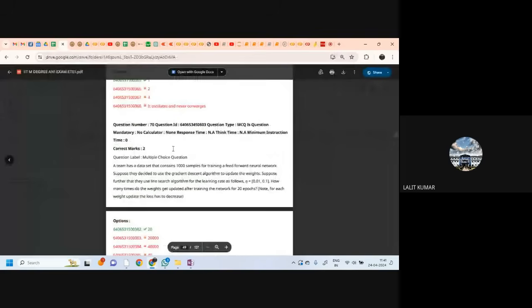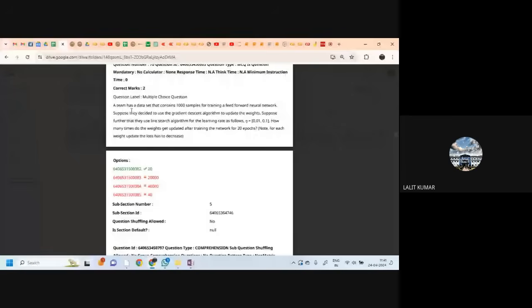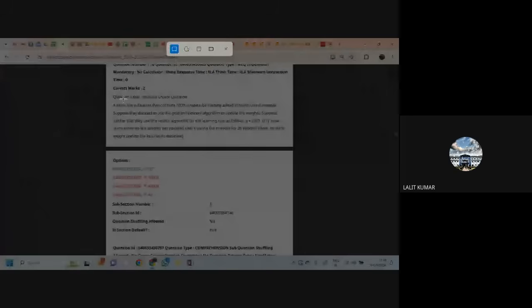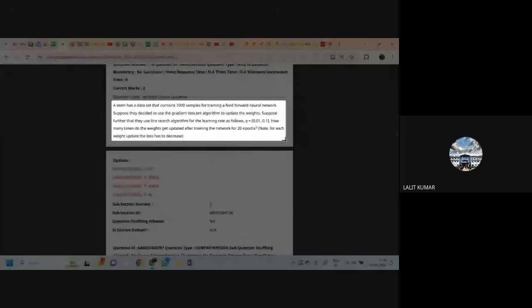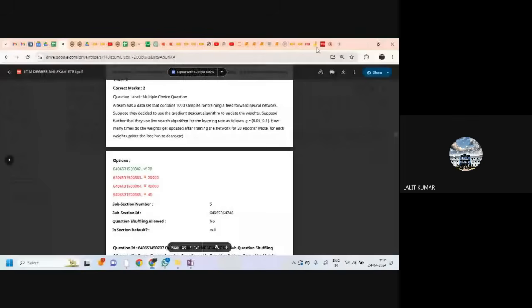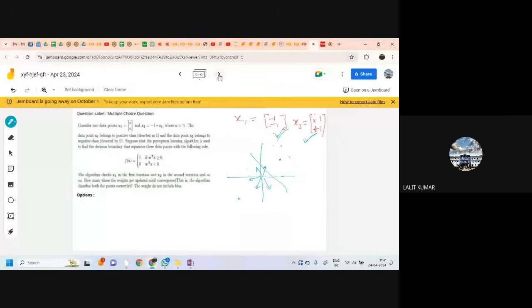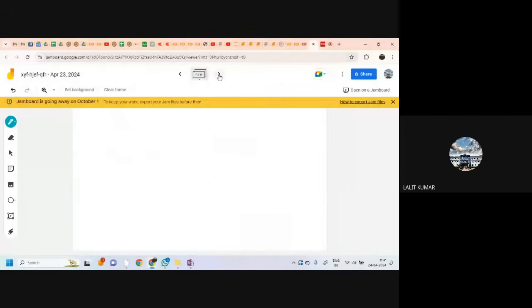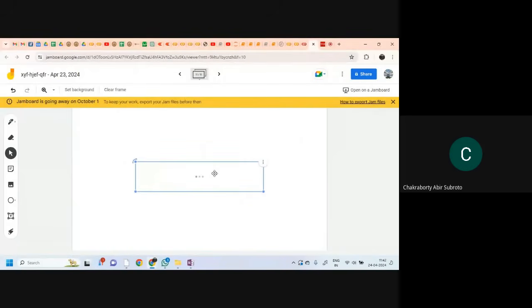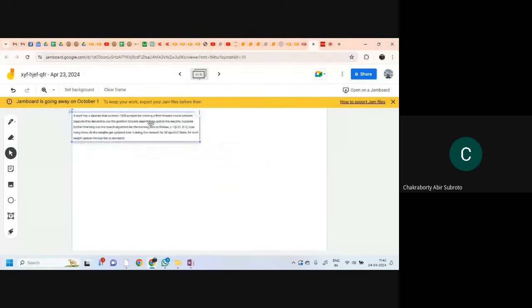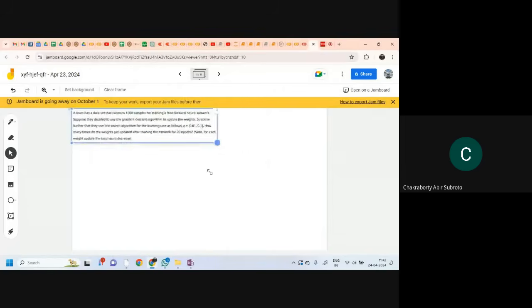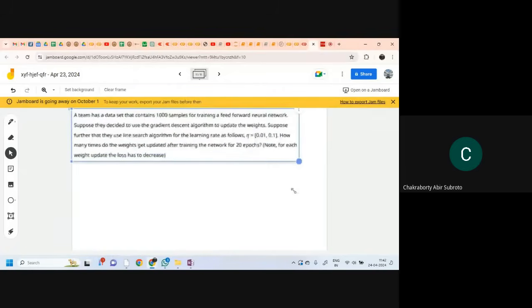Okay, this is a question. A team has a data set that contains 1,000 samples. ये थोड़ा डिफरेंट टाइप क्वेश्चन लग रहा है ना पूरा यार. They are different, but till now the concepts are relatively simple, except for that week 5 question.